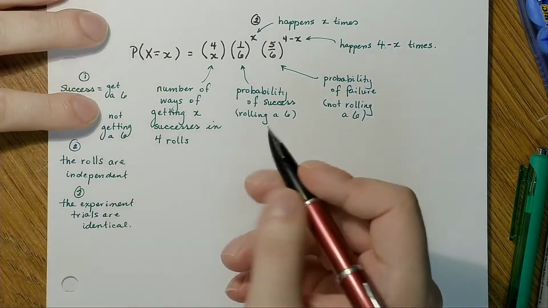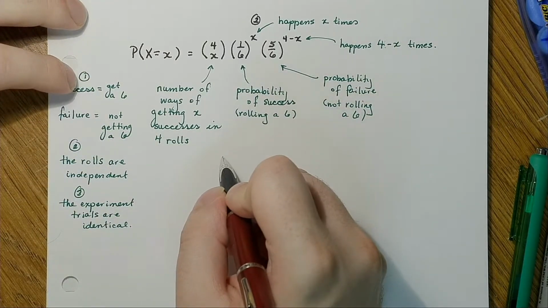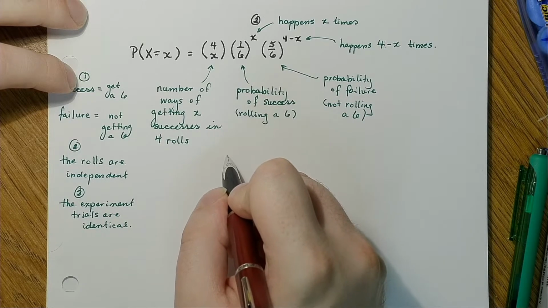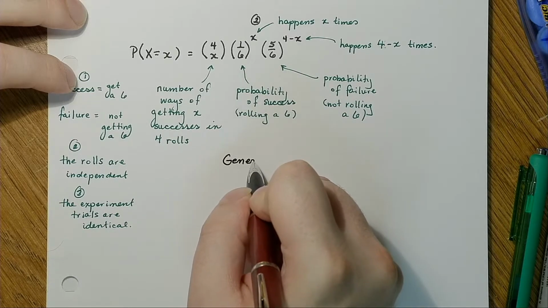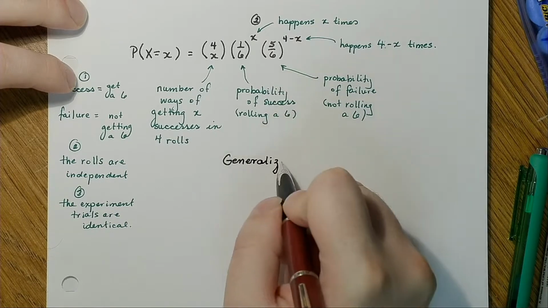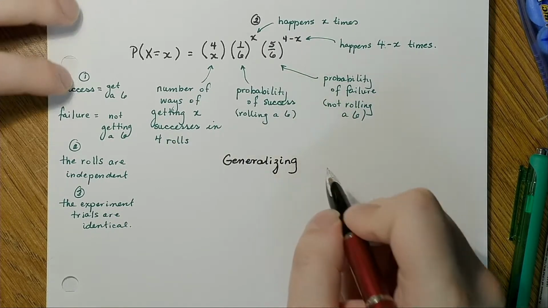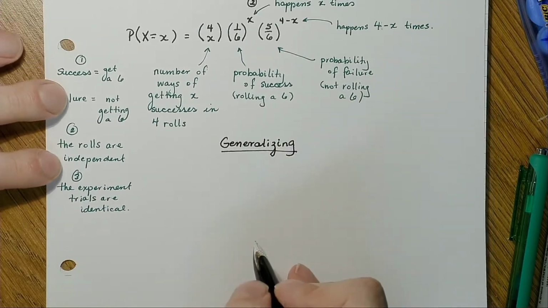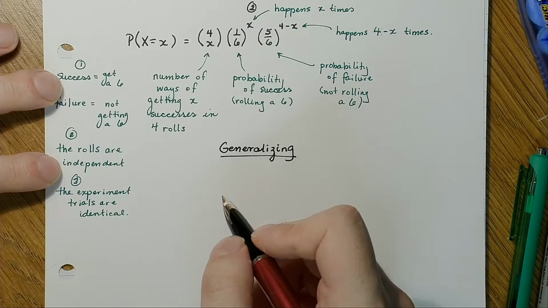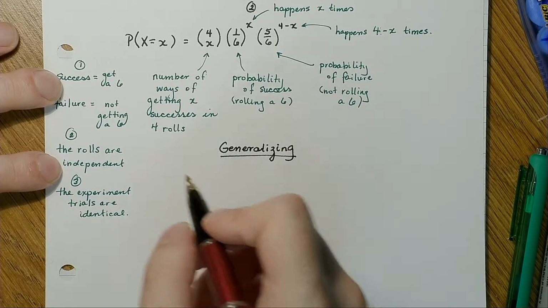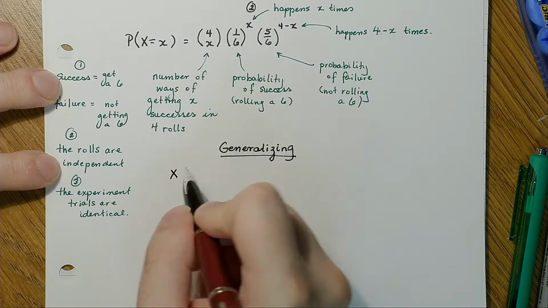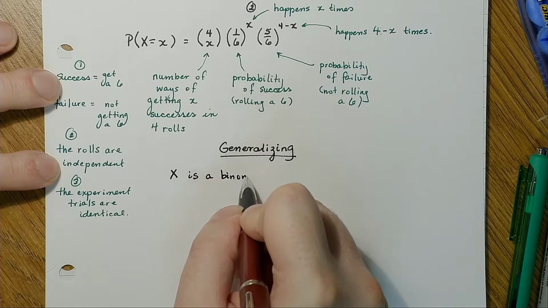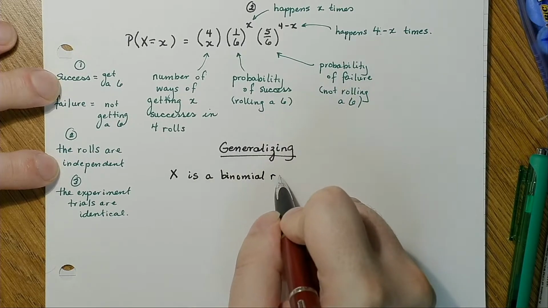Okay, so generalizing then, let's keep this here. Let's say x is a binomial random variable.